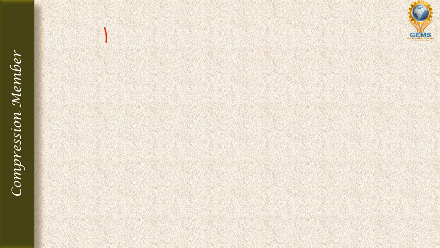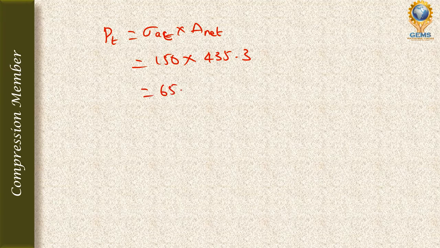The load carrying capacity of the strut in tension is equal to sigma AT into area of the net. So sigma AT is 150 into 435.3. It comes to 65.29 into 10 to the power 3 Newton, or 65.29 kilo Newton. So this is the solution for the given problem.